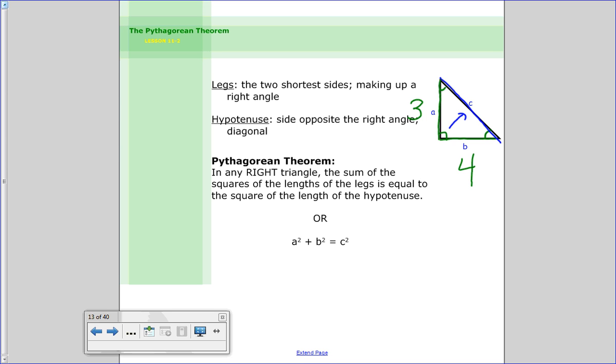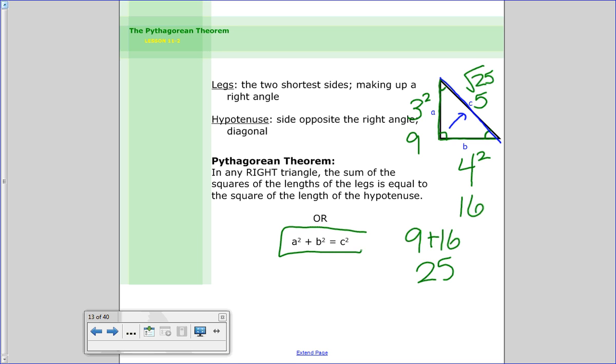If one side was 3 and one was 4, and you square both of these legs, 3 squared is 9, 4 squared is 16, and add them together, 9 plus 16 is 25. It'll equal the square of this side, which would equal 25, but the square root of that is 5. So you can find the missing length of a side using the Pythagorean Theorem.